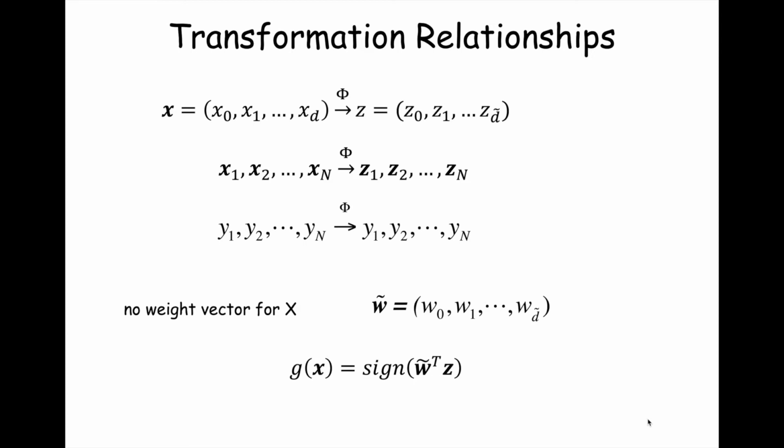And so for each input vector x, let's say we have big N many samples from our in-sample points, there's a direct correspondence for the mapping between each of those inputs x and its respective z in z space.